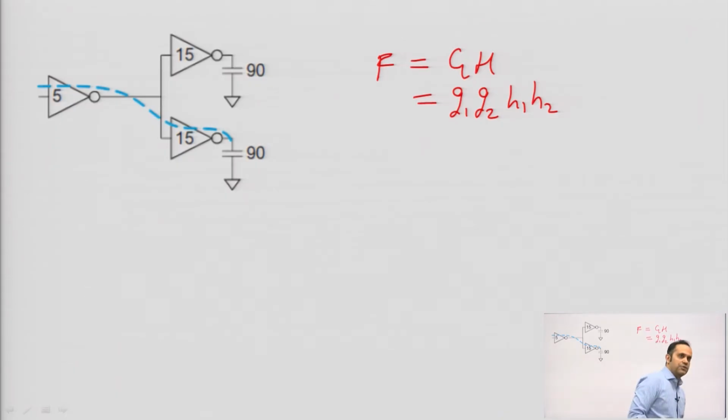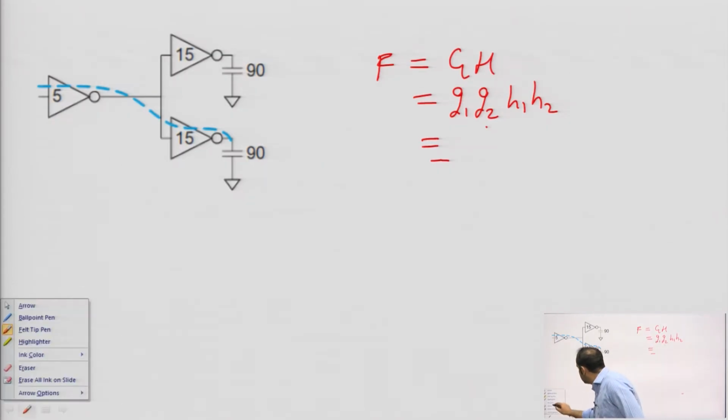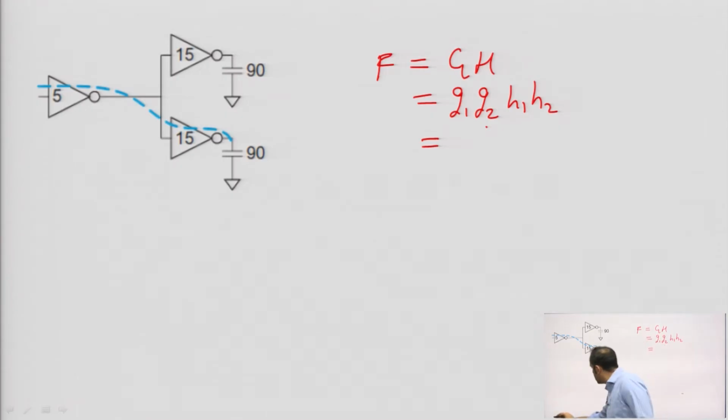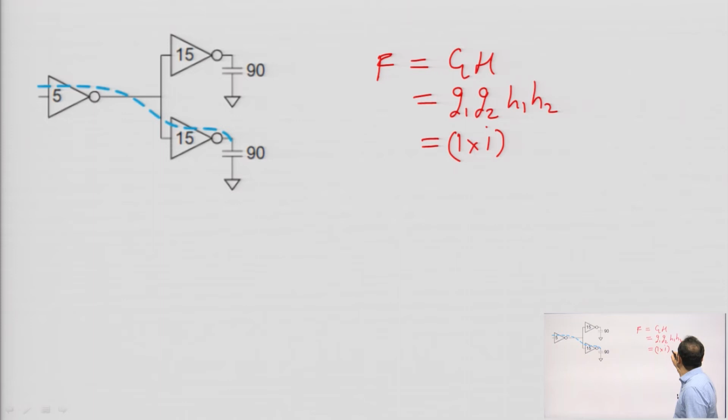So, G1 is the logical effort of stage 1, G2 is the logical effort of stage 2, H1 is the electrical effort of stage 1, H2 is the electrical effort of stage 2. Okay. So, in this stage here I have an inverter, then again I have an inverter. So, this remains 1 times 1 only. Okay. This is G1 dot G2.